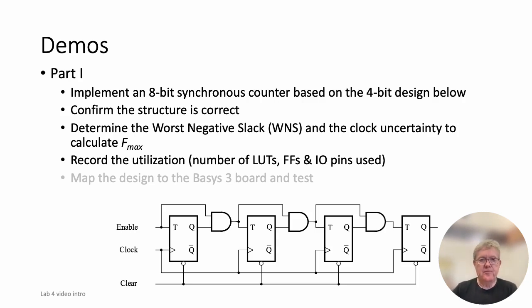In the lab, after you've described it, you're going to confirm that the structure of the counter is correct. I'll show you how that's done in a moment. And then you're actually going to determine what the critical path length for this counter is, and therefore what the maximum frequency is that you could operate this counter at.